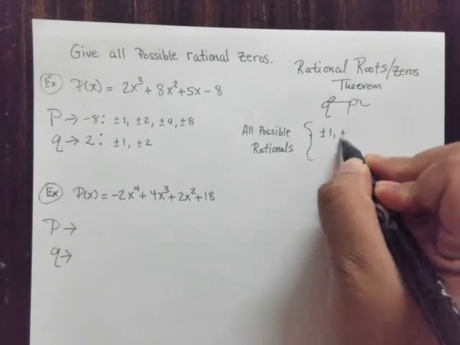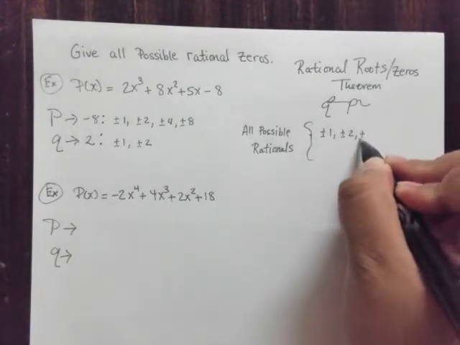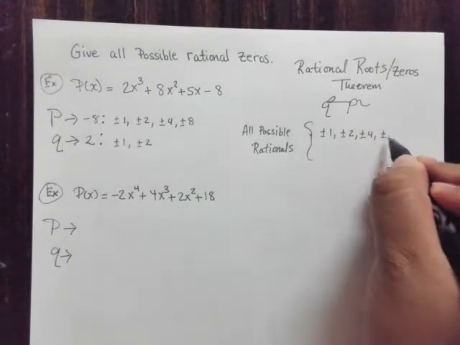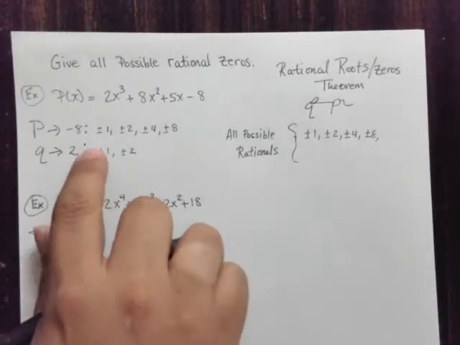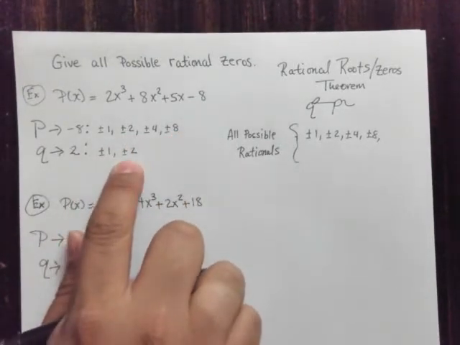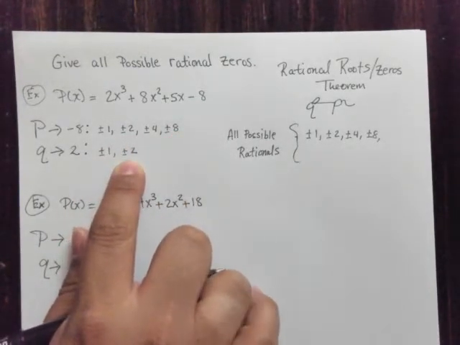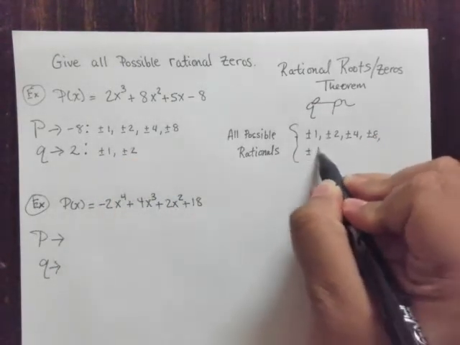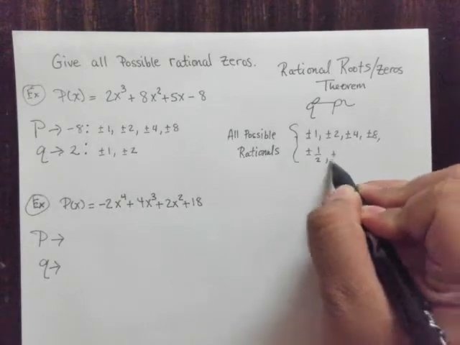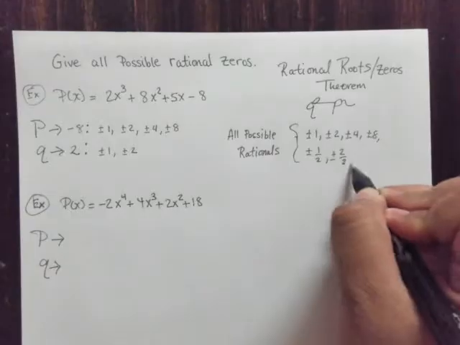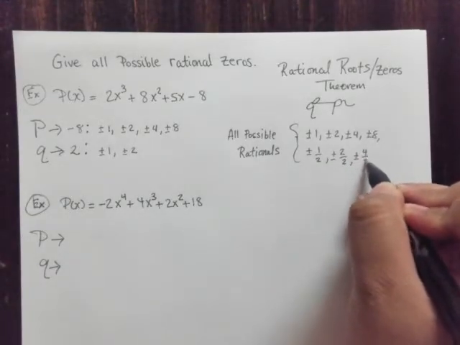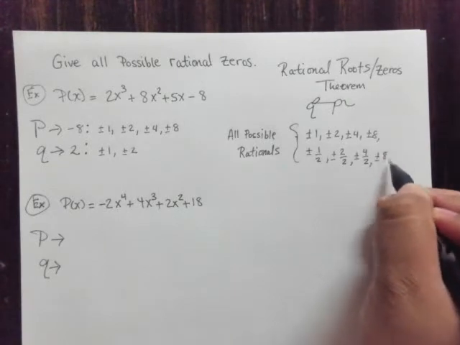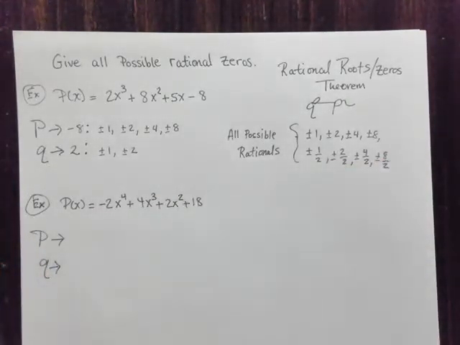So I'm going to rewrite them, plus and minus 1, 2, 4, and 8. Then we take all of them and divide them by the second q, which is 2. So 1/2, 2/2, 4/2, and 8/2.